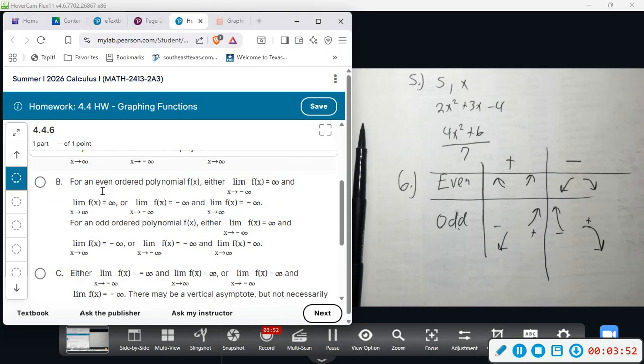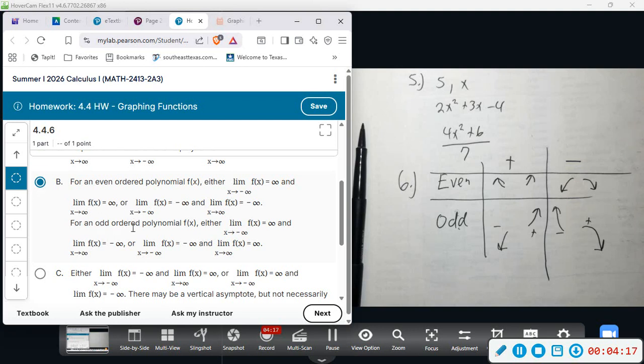So right there, that disqualifies that statement. Even ordered polynomial: f of x as we go to negative infinity is positive and as we go to positive infinity is positive, or as we go to negative infinity is negative and as we go to positive infinity it is negative. So B looks good for an even ordered.